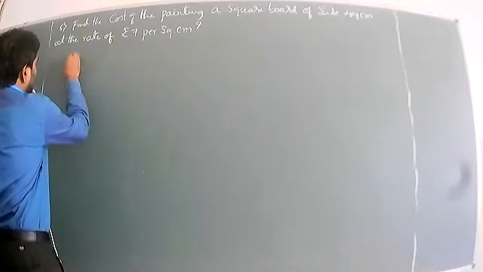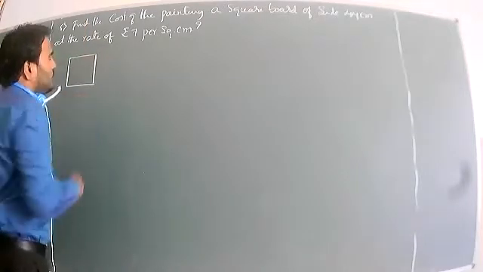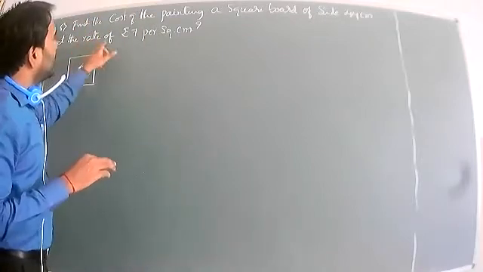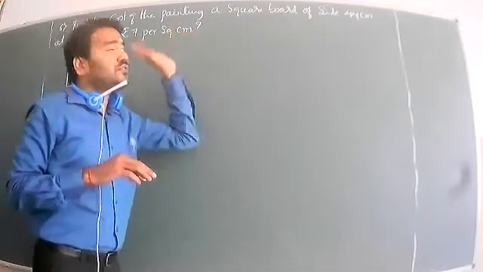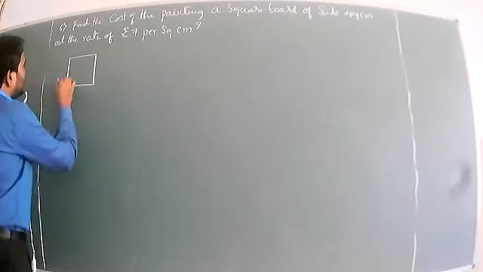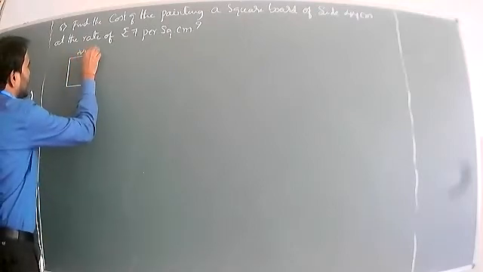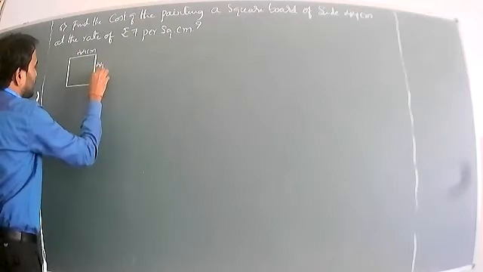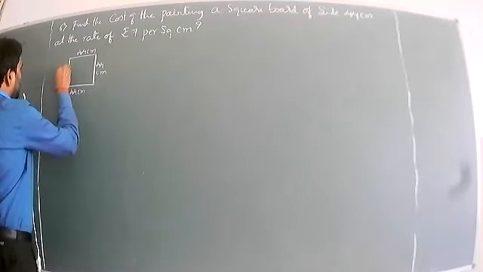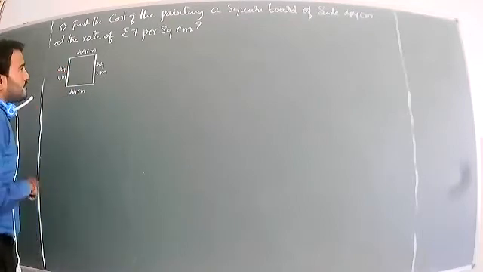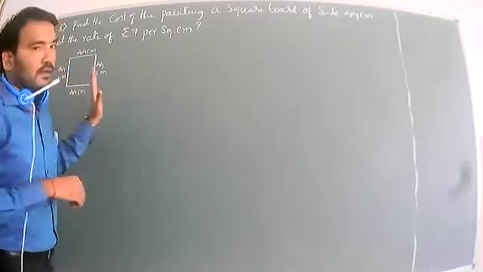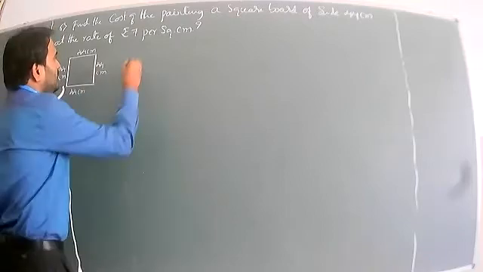It is a square board of side 44 centimeter, at the rate of 7 rupees per square centimeter. So each side is 44 centimeter. Using this, find out the area first.